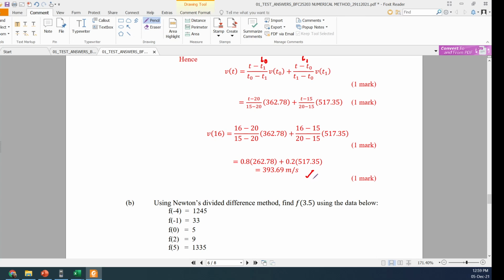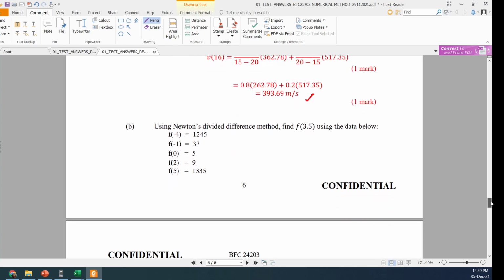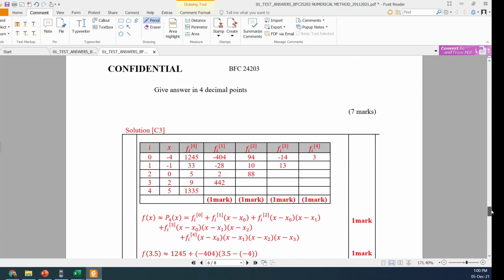And lastly, question 3b: use Newton divided difference method to find 3.5. I don't know why you all get everything wrong. If you start from level 1 wrong, then everything will be wrong.